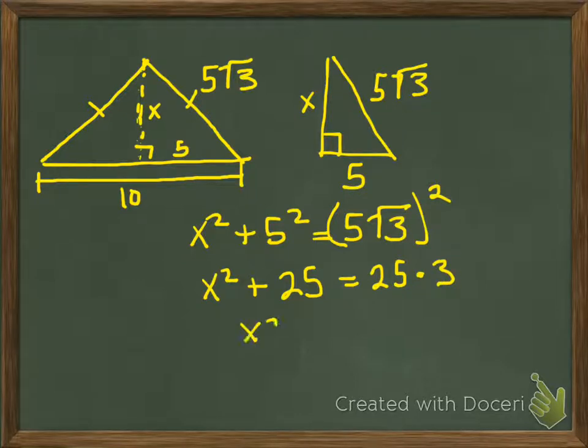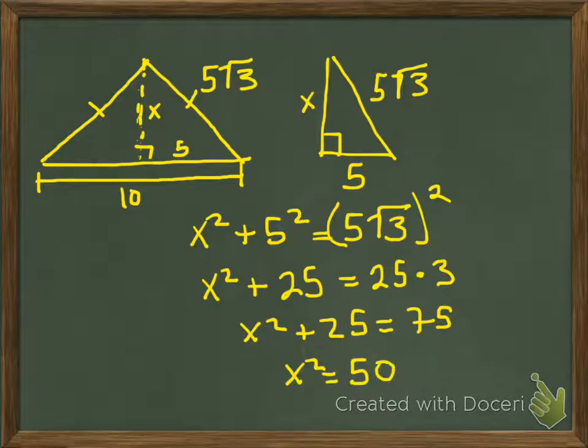So you get x squared plus 25 equals 75. So that means that x squared equals 50. So if you take the square root of both sides, you get x equals the square root of 50, which simplified is 5 times the square root of 2.